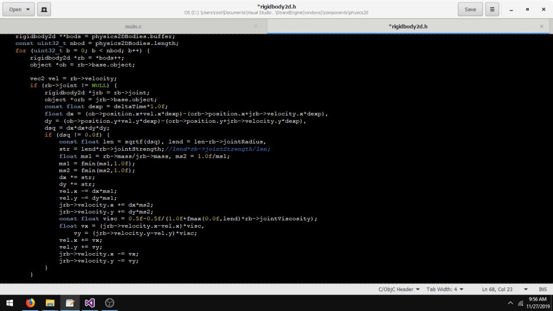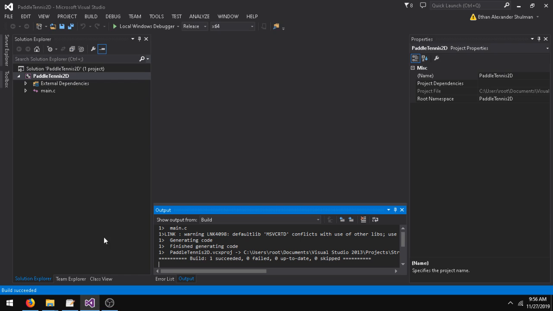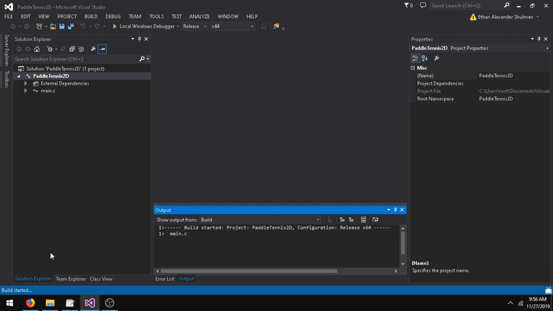How would I scale this up? Plus the value, and then copy the sign. Let's just see how this works.